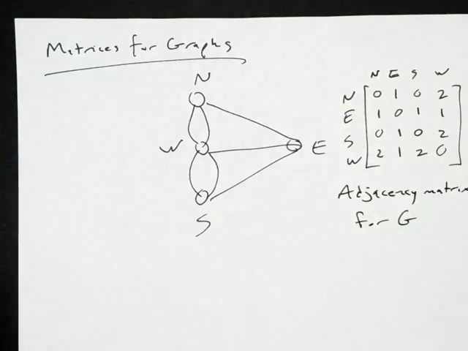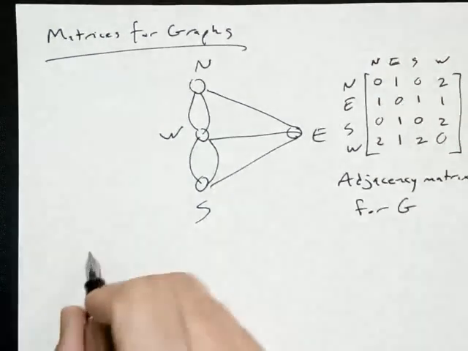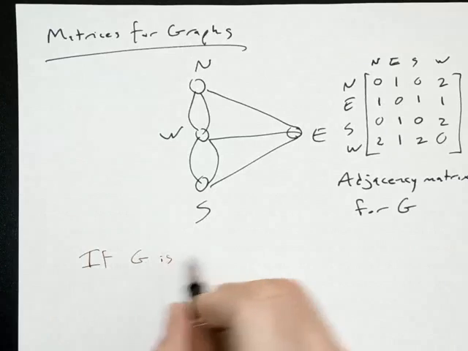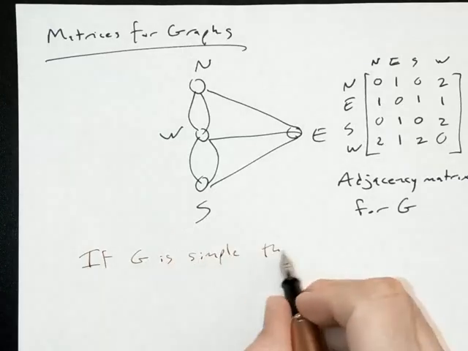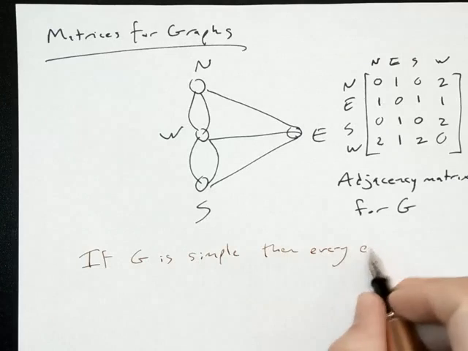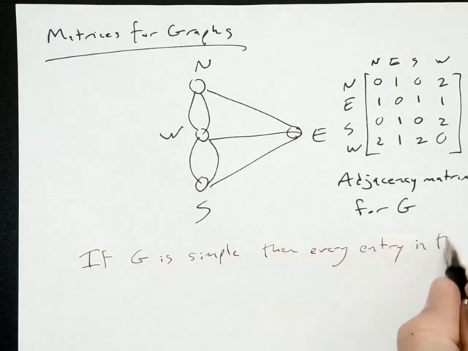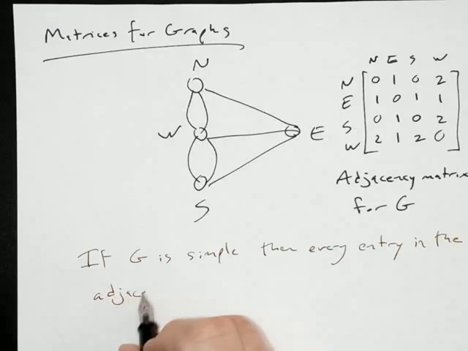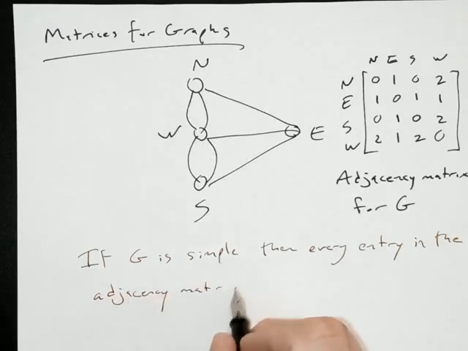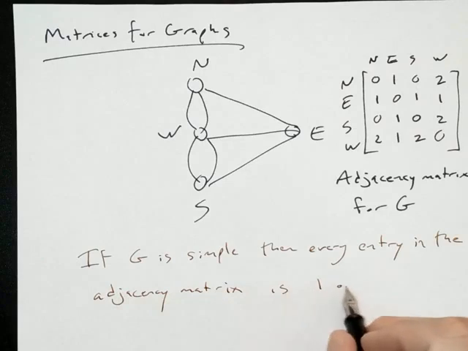If I have a simple graph, every entry in the adjacency matrix is 1 or 0. By the way, that's even true in simple graphs with loops.